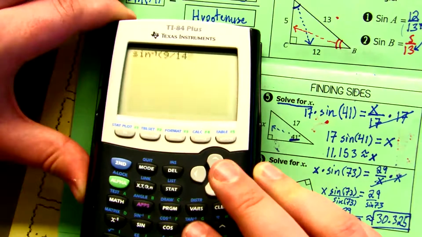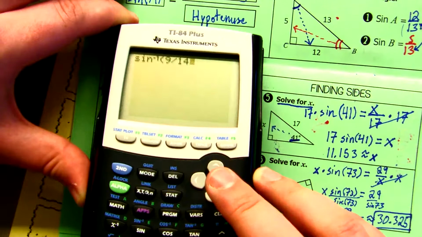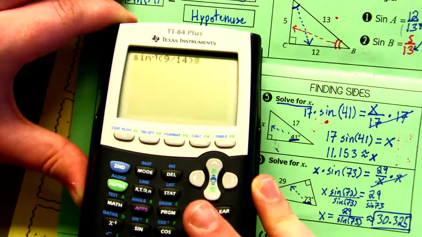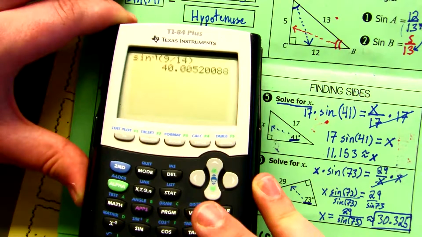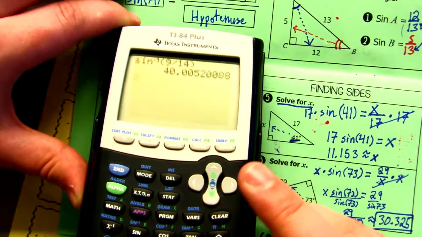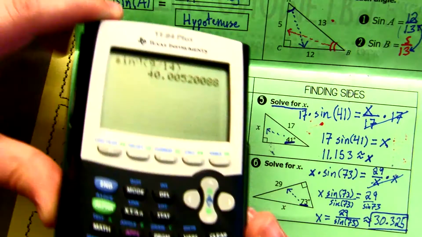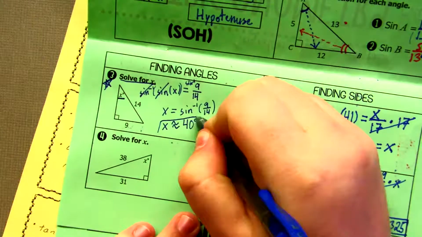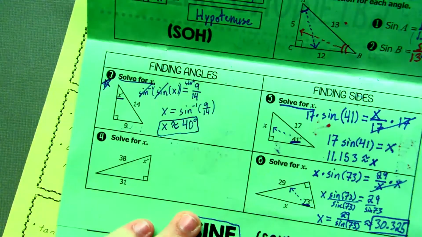You can do 9 divided by 14. Make sure you close your parentheses. You hit equal, and you're done. And again, we're using approximately here because we are rounding.